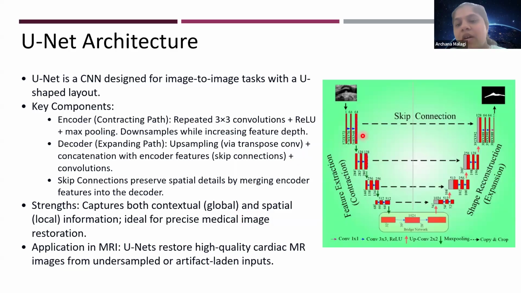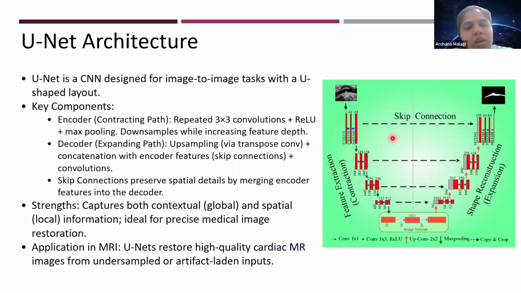For example, it reduces the imaging resolution from 572 to 568, and each step reduces the imaging resolution, and it is a feature extraction step. And then there is the decoder. What the decoder does is it takes all that information and reconstructs it into the original imaging space.